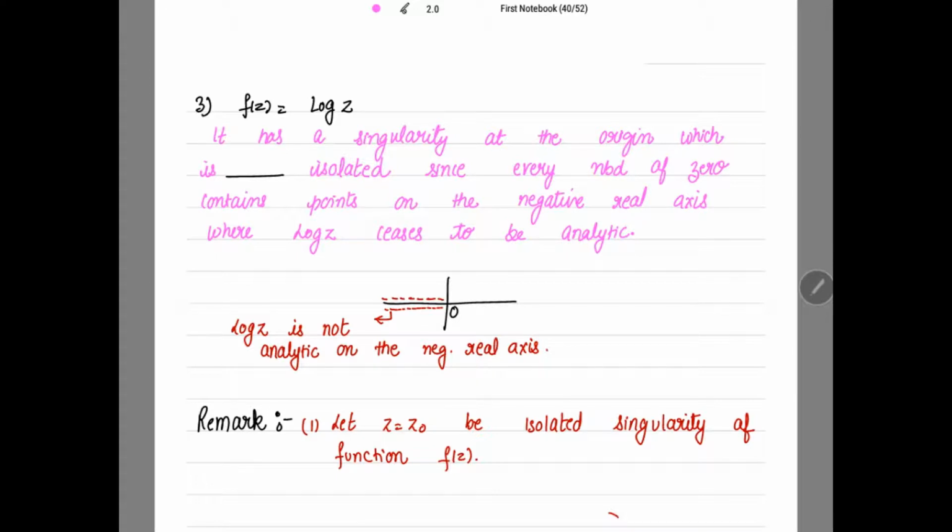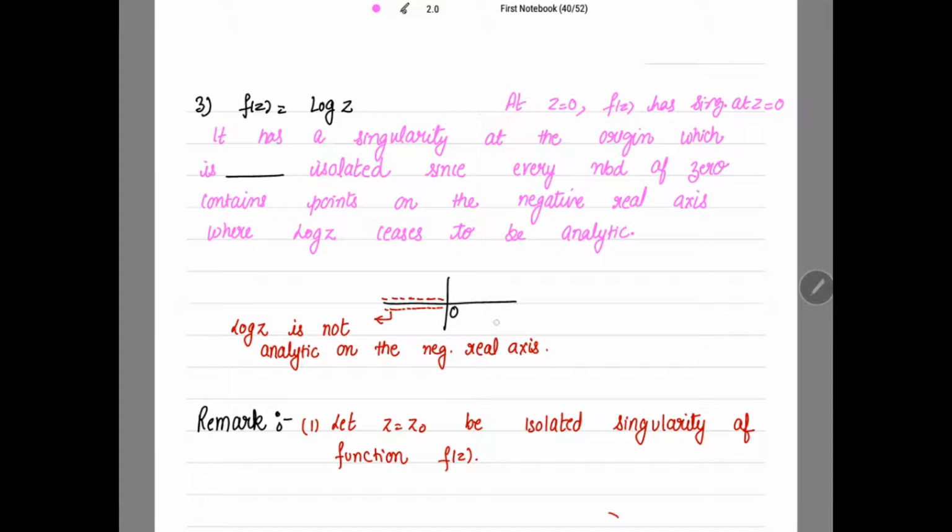Very good, at z equal to 0. This function has a singularity at z equal to 0. Now check whether 0 is isolated or not.